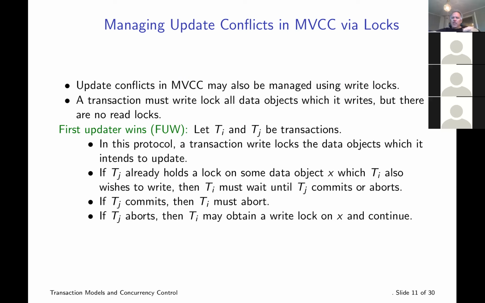If you abort, then they can grab it. But if you commit, then they abort, because there's a conflict. That's how it actually gets implemented, and you have to do that with locks, so it gets complicated. This first updater wins is how PostgreSQL implements this.